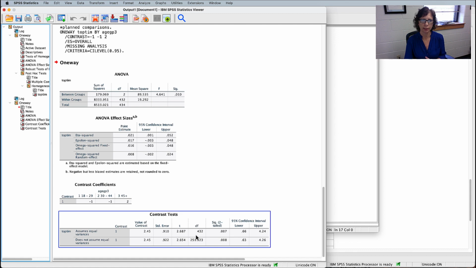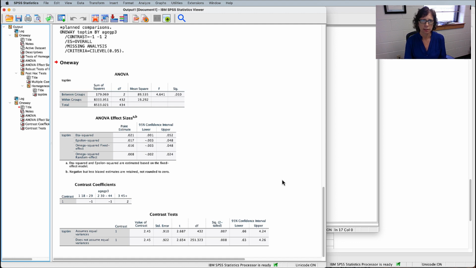So we have what we need for our t-test line. We have our t estimate of 2.69. We have our degrees of freedom. We know the significance is 0.007. And we have a confidence interval, lower and upper. So the estimate could have gone anywhere between 0.66 and 4.24. The estimate we have is 2.69. So we need all of that information for our write-up.